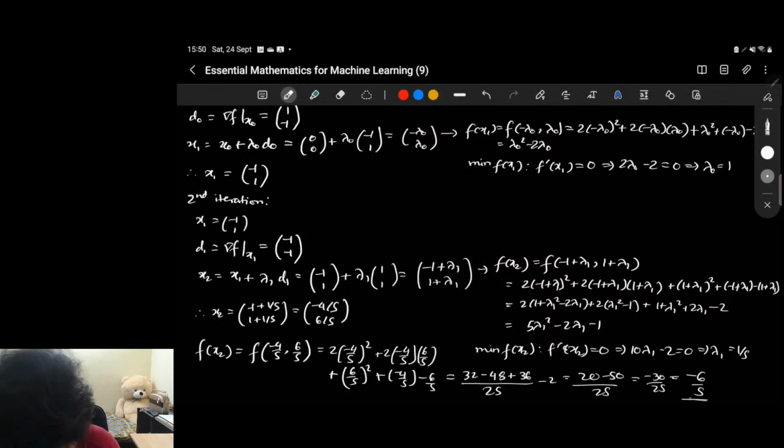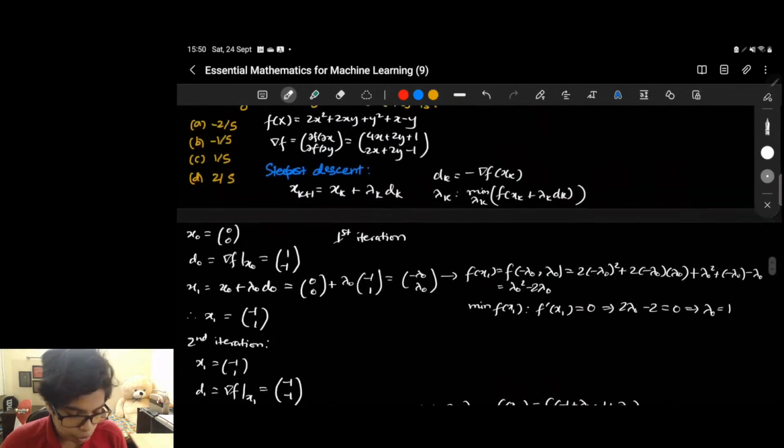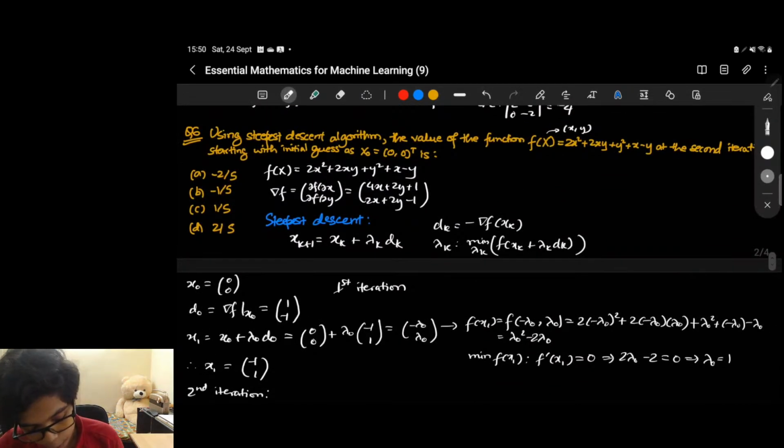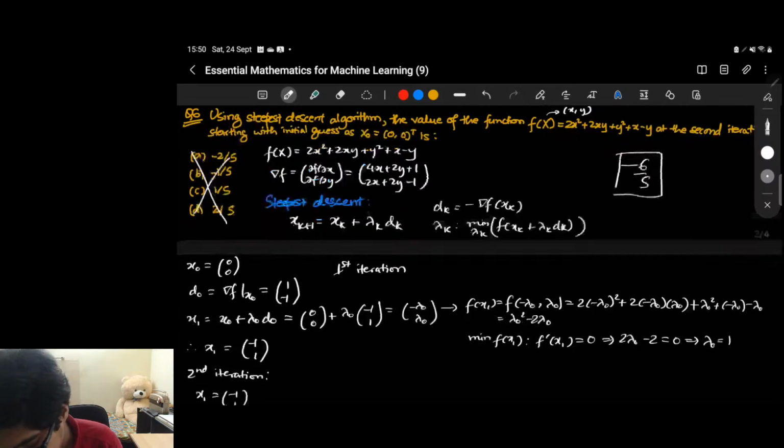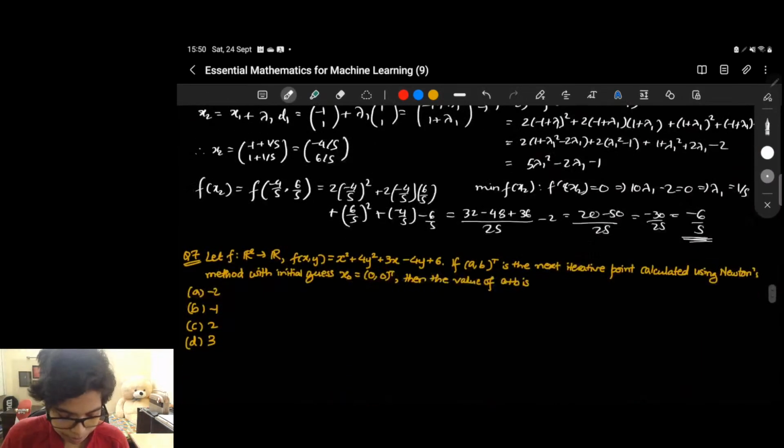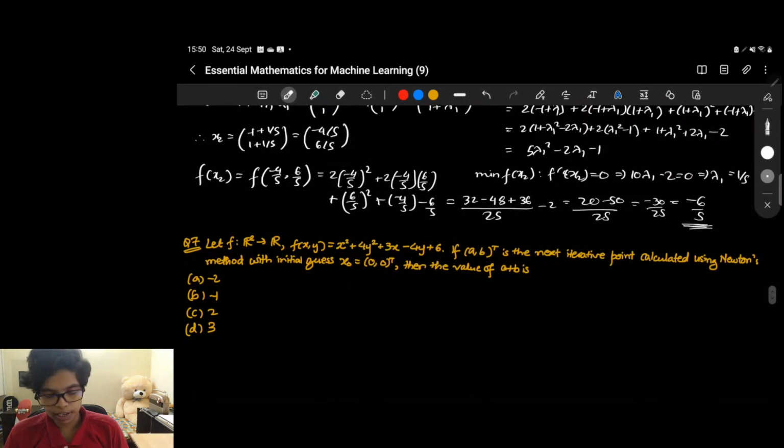So the function's value after the second iteration is minus 6 over 5. But unfortunately, this option is not given over here. So each of these options is incorrect, and the correct answer is minus 6 over 5. This was an incorrect question in the previous year's assignment, which did not have a correct solution.